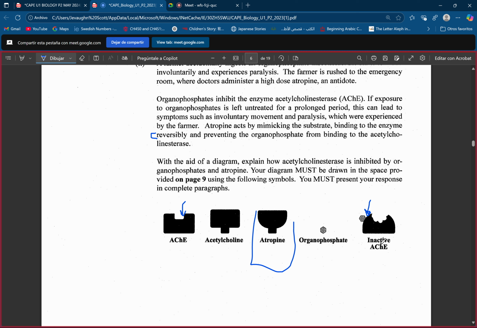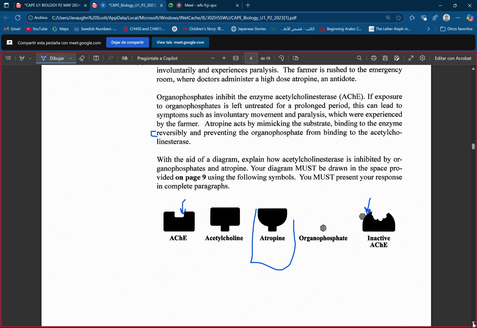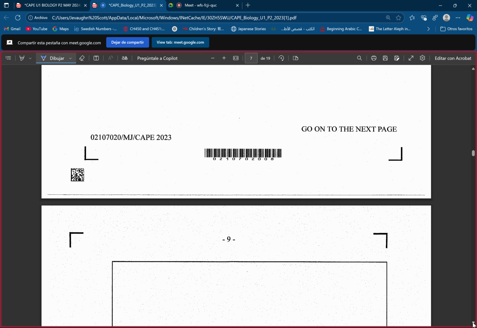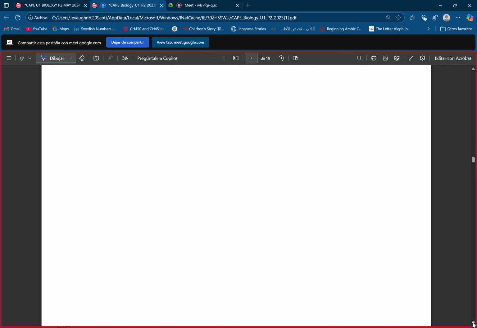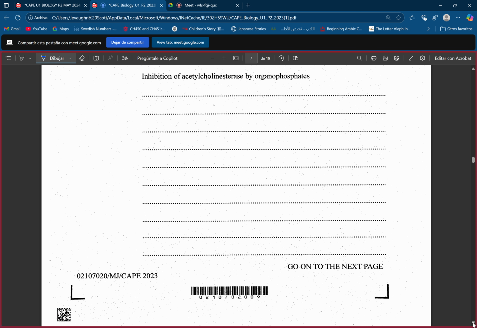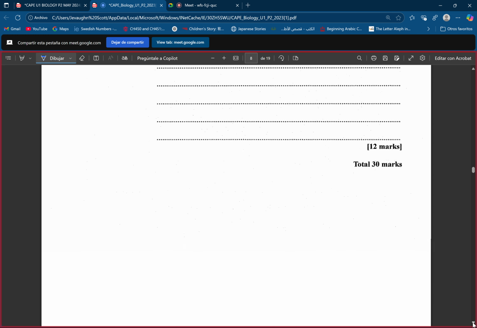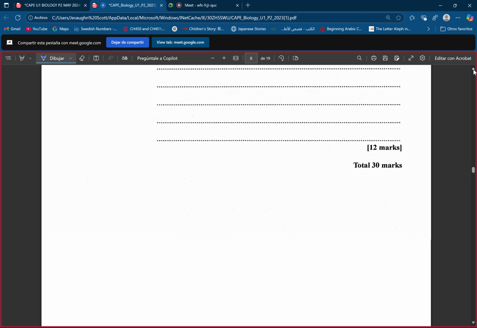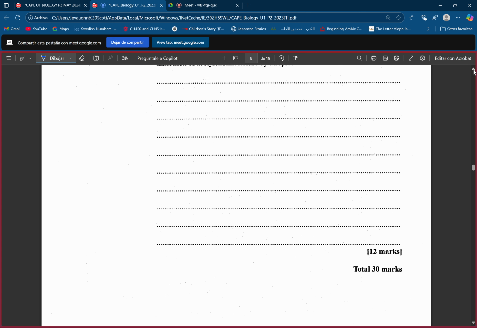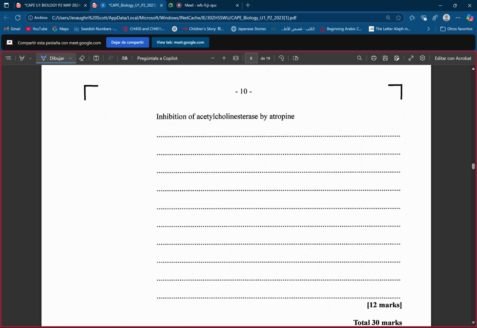So we must know the difference in their function, what they do. Competitive versus non-competitive inhibitors. That is what the question is about. The question is not about anything else. Right? So let's provide a diagram and explain the difference between competitive inhibition and non-competitive inhibition. Right? And that's 12 marks.